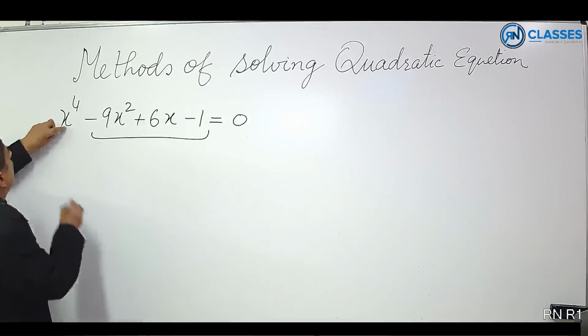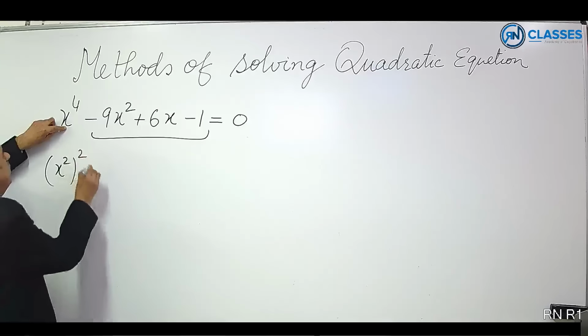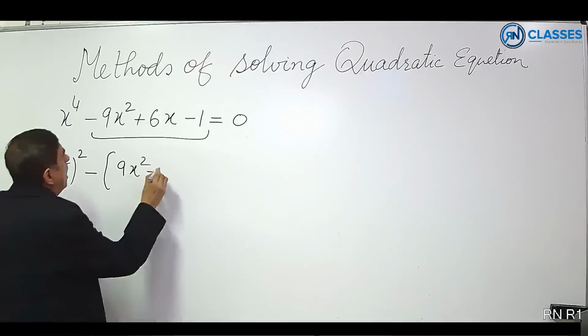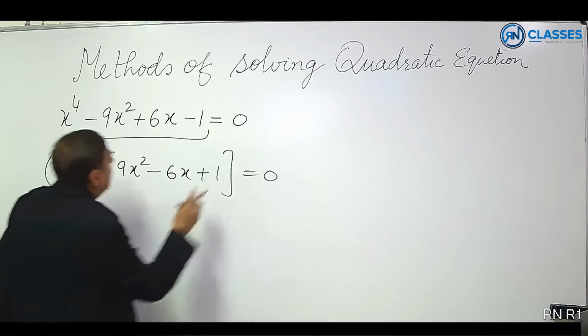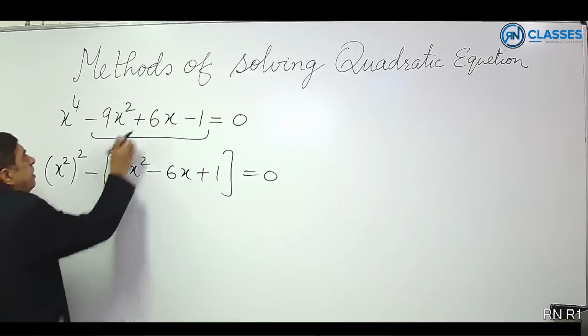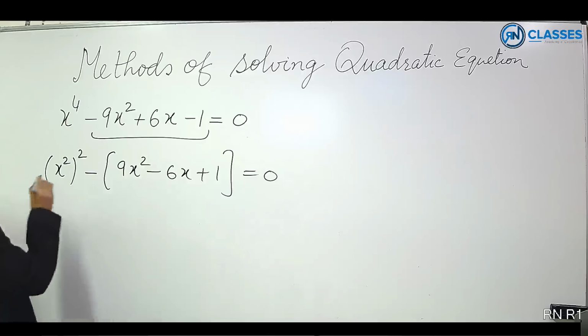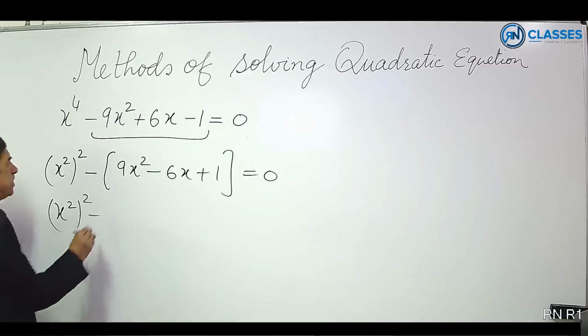How? Okay, first I write this x square, and it's a square minus common 9x square plus minus 6x plus 1 equal to 0. When I take minus common, you have to change the sign. Alright. Now, x square, it's a square minus.